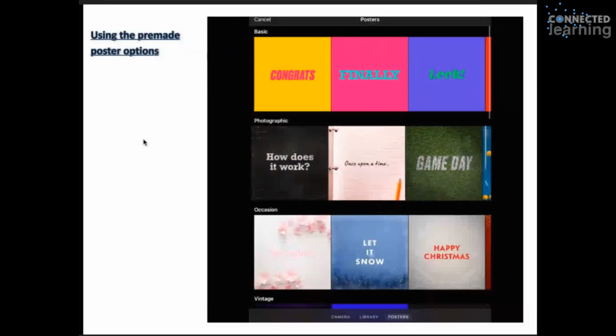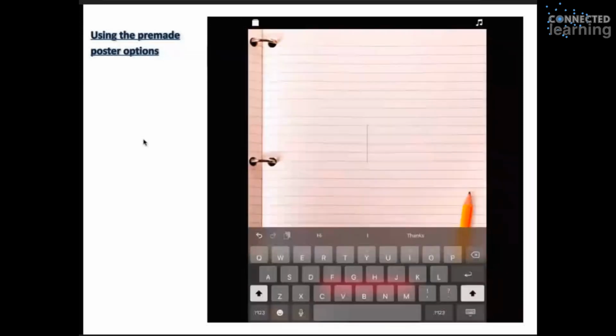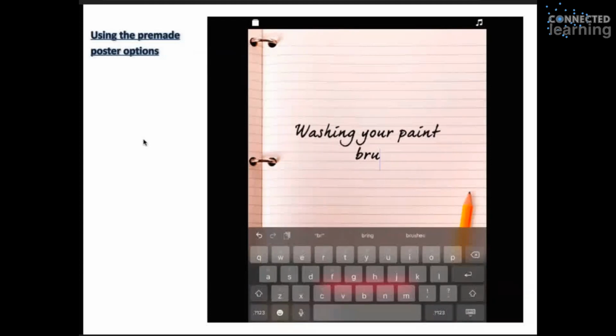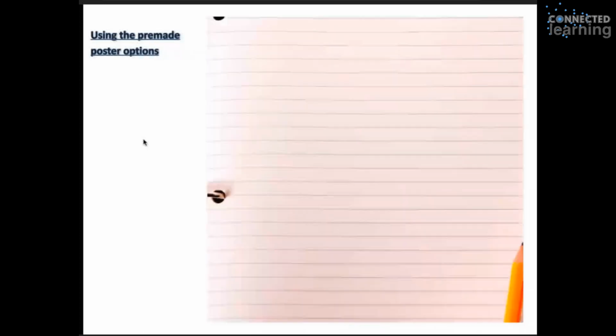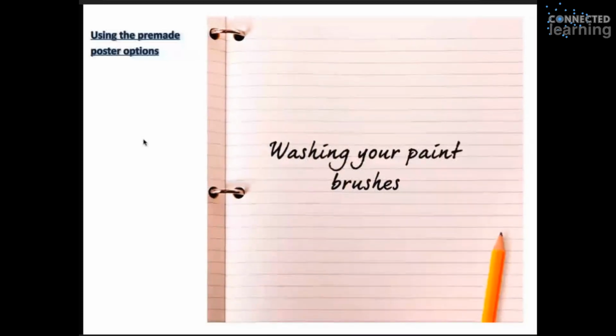So you just select that, and then it allows you to edit the text. There's one or two that don't for some reason, that you just have to go with the phrase that's there, but most of them do. So we're going to arrange that to suit us. And then again, all you do is tap and hold the pink record button and you'll see it being added to the timeline at the bottom. That's what that would look like at the end.